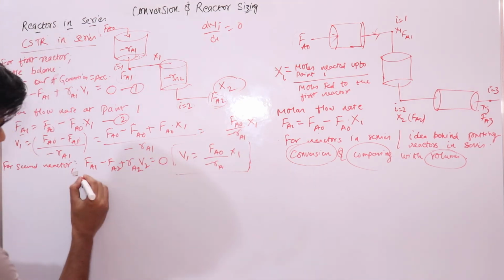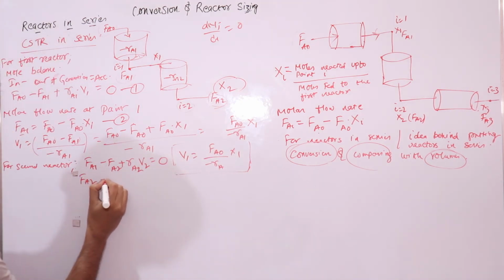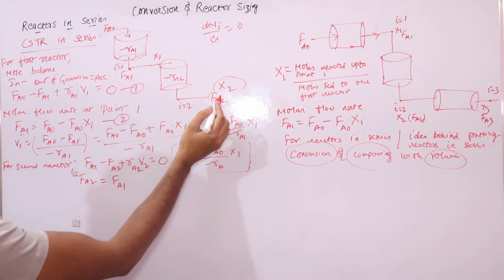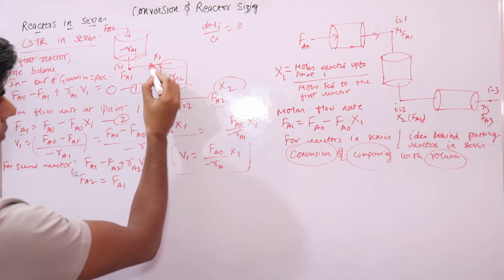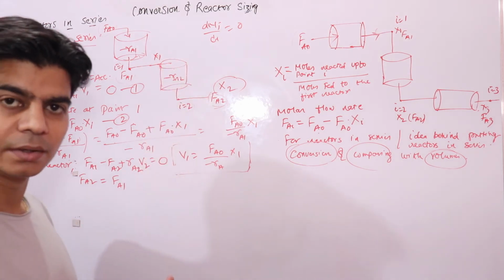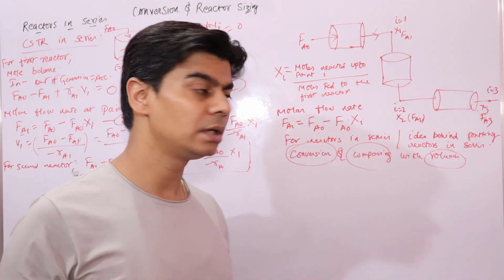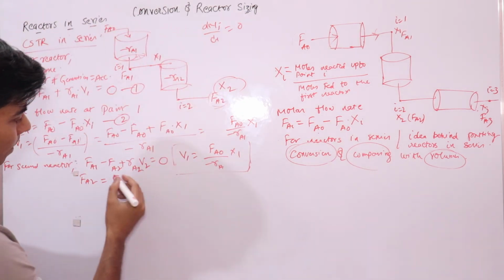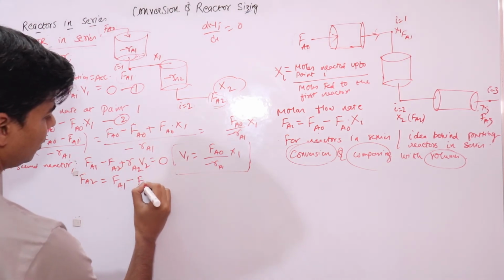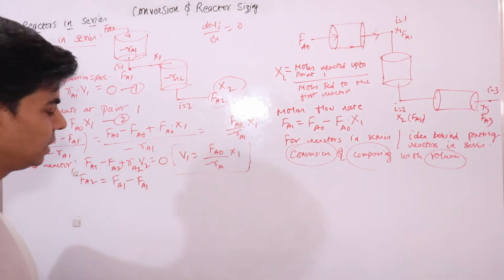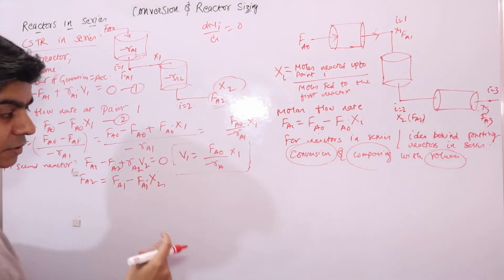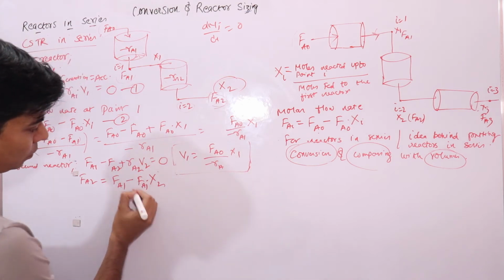Fa2 would be equal to Fa1, right? What Fa2 would be is the molar flow rate in minus what has disappeared due to chemical reaction inside the reactor, minus moles reacted inside the reactor, which would be conversion X2 times moles fed.